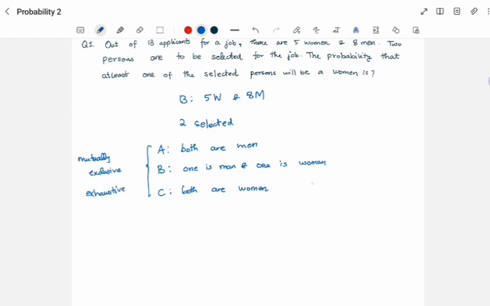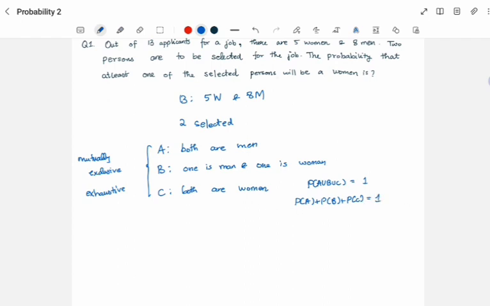So what does exhaustive mean? P of A union B union C is equal to 1. The union of all 3 will exhaust all the possibilities. They will make sure that all the possibilities in the sample space are inside these 3. Since they are also mutually exclusive, their union I can separate like this.